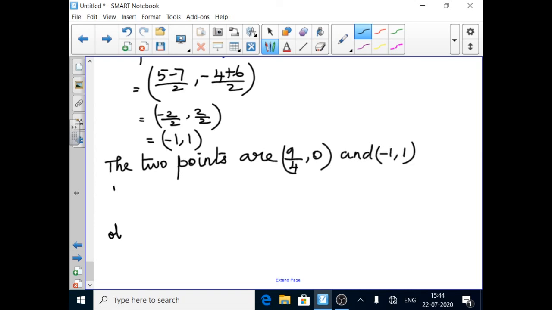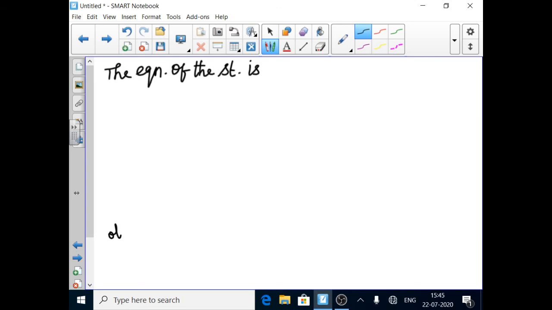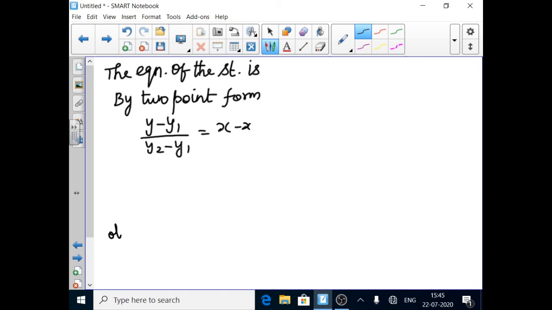So the equation of the straight line is y minus y1 divided by y2 minus y1 is equal to x minus x1 divided by x2 minus x1.